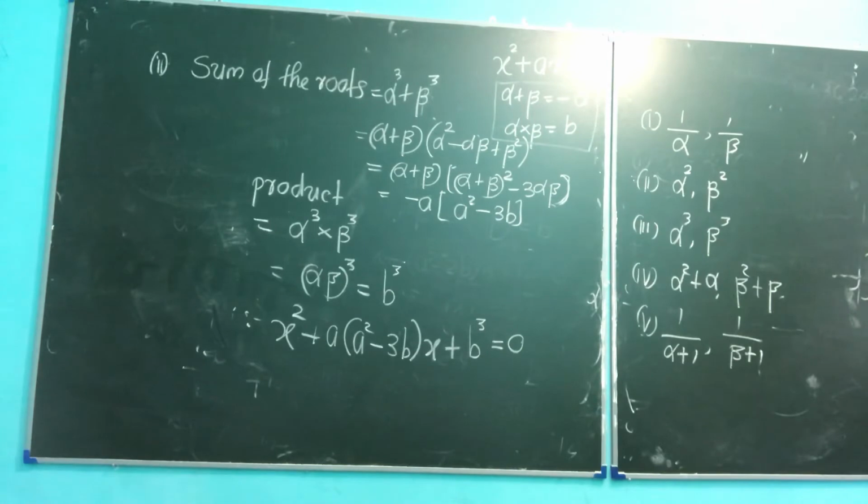Find the quadratic equation whose roots are alpha square plus alpha, comma, beta square plus beta.